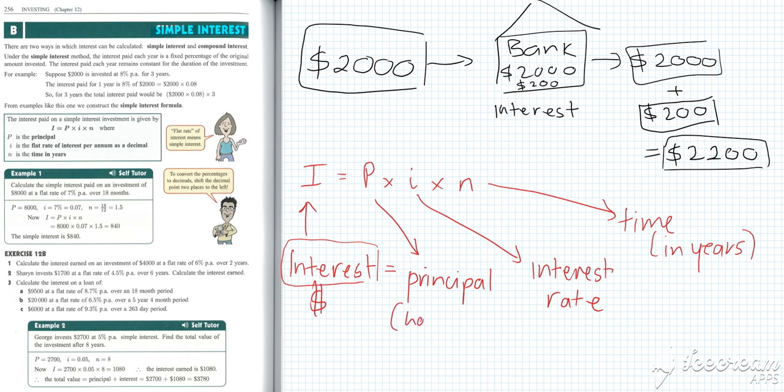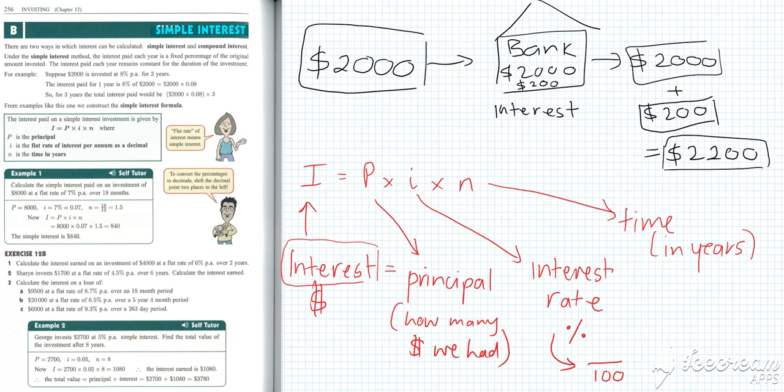The principal is how many dollars we started with. Then we multiply it by an interest rate. You might notice that an interest rate is usually a percentage. For us, we're going to put that over 100 to make it easier, and I'll explain that step in a second. The last bit is time in years.